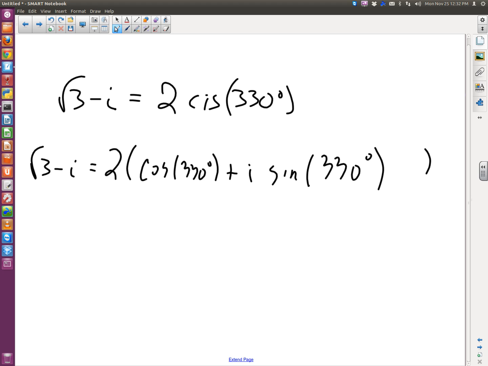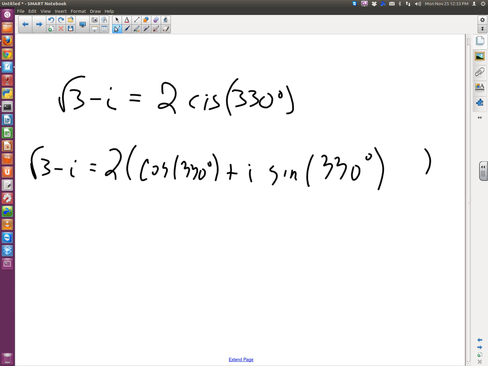If theta is 0 degrees, what's the cosine? What's the x value here? I'm at the origin. This is a unit vector. 1, right? If theta is 90 degrees, what's the sine? 1. The y value is the sine. If theta is 180 degrees, what's the cosine? -1, the x value.